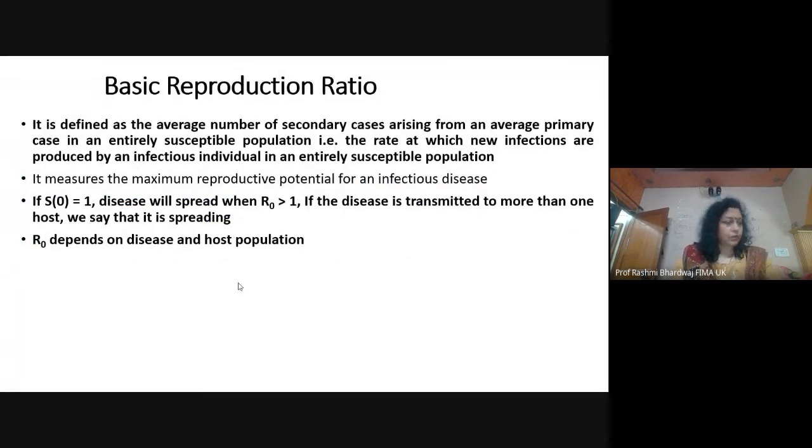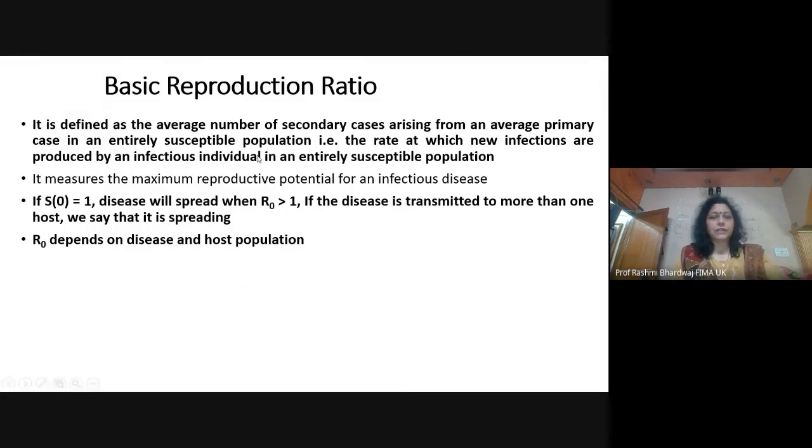And before going to any structure or any analysis of this, basically all the epidemiological modeling depends on the basic reproduction ratio. And as this reproduction ratio becomes larger, the epidemic becomes a pandemic.